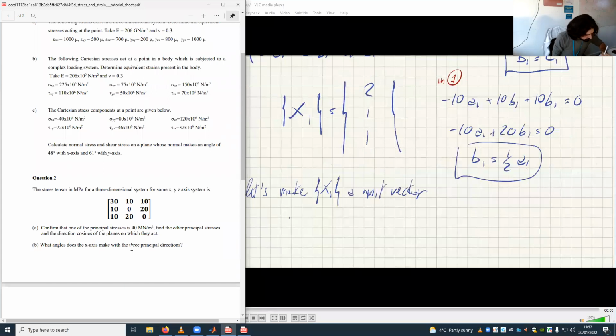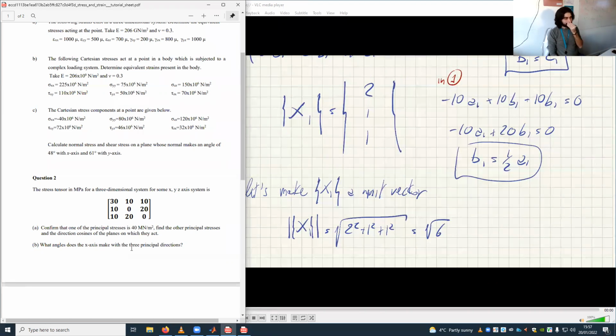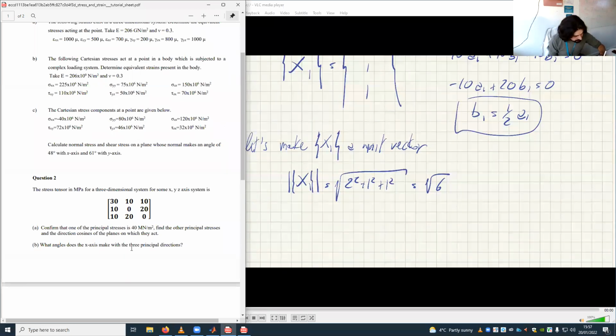So I need to find the magnitude of x1, which is equal to the square root of 2 squared plus 1 squared plus 1 squared, which is equal to the square root of 6. And now that means that the unit vector x1, I'll do this with a hat, means unit vector, is 2 divided by the square root of 6, 1 divided by the square root of 6, and 1 divided by the square root of 6.